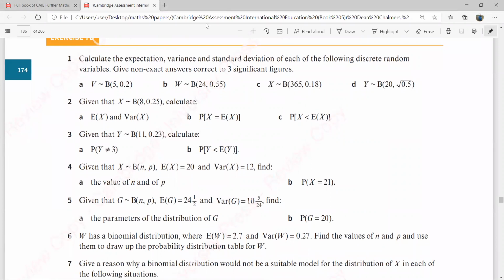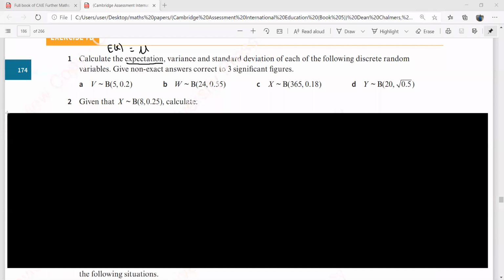It says calculate the expectation. So it's talking about the mu, or E of x. Expectation is a new name for the mean in probability, and we also need the variance and standard deviation of each of the following discrete random variables. Let's make some space for the working here.